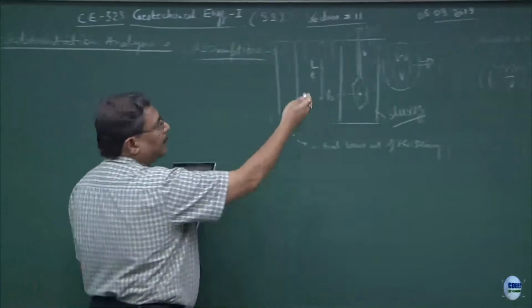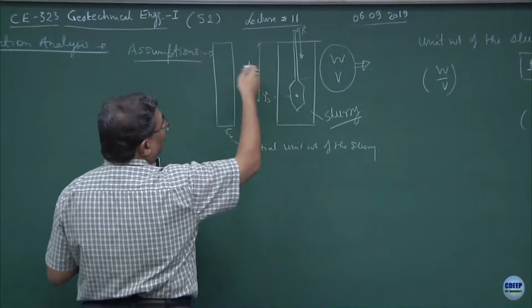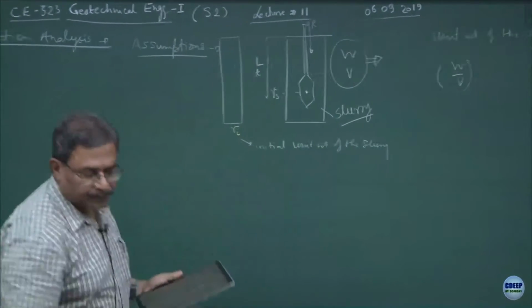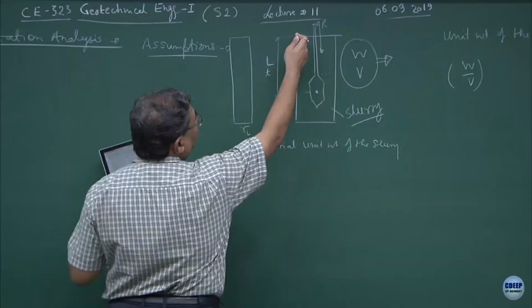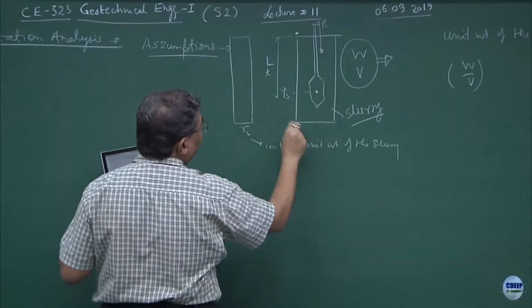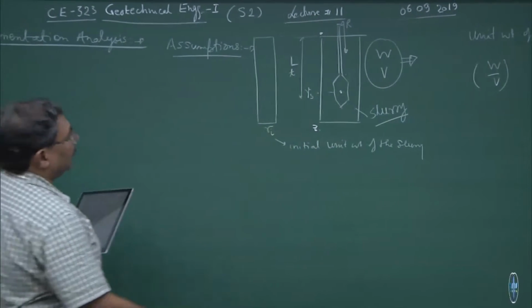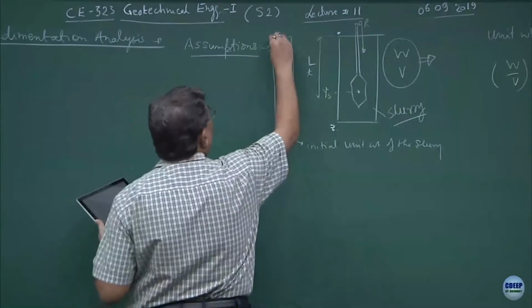If I leave this against the gravity over a period of time, what is going to happen? The density of the suspension is going to change from, let us say, 0 to Z, and this is how the profile of unit weight will look like.